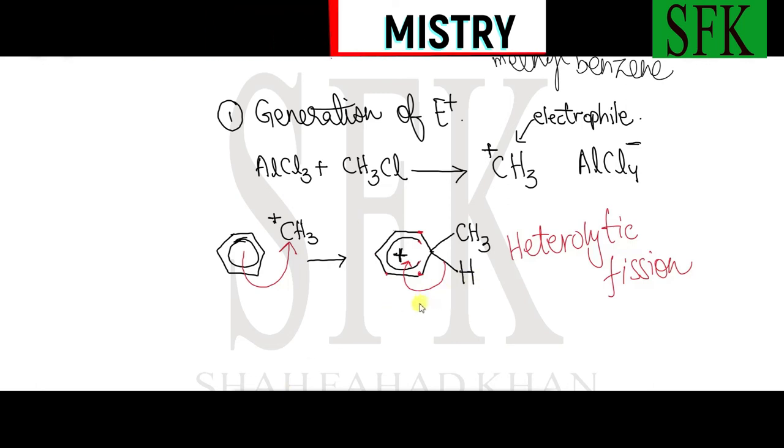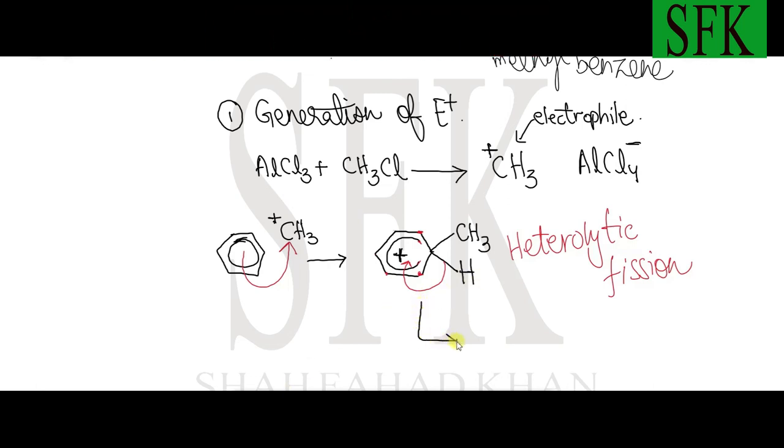And after this, once the bond is broken, the delocalized pi electron system inside the benzene is restored, and the CH3 stays on the benzene, and this carbon hydrogen bond breaks, giving out H positive as the byproduct.